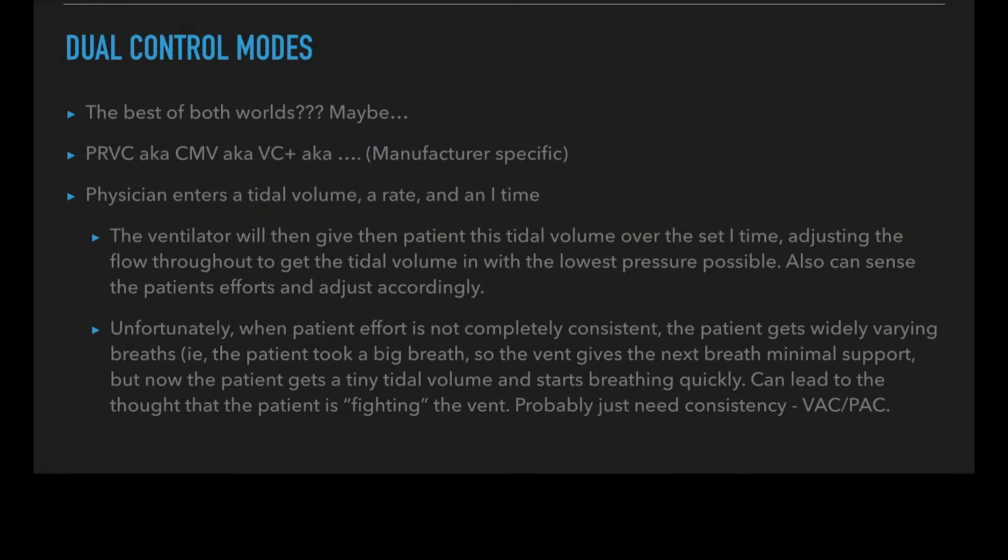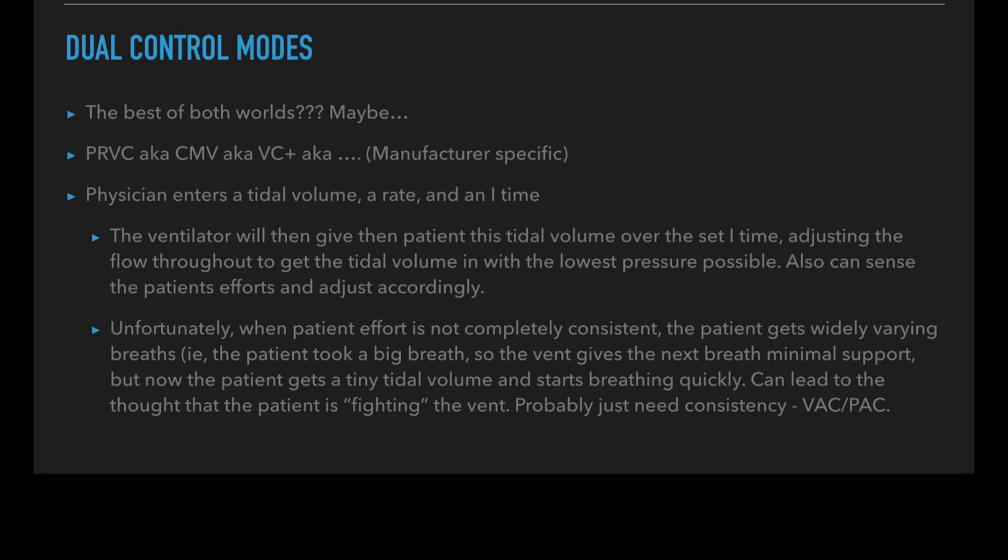All right, so that was your single control modes, your volume assist control and your pressure assist control. We also have dual control modes. The best of both worlds? Maybe. This is classically your PRVC, aka SIMV, aka VC+, aka whatever the manufacturer of your vent decided to call it.